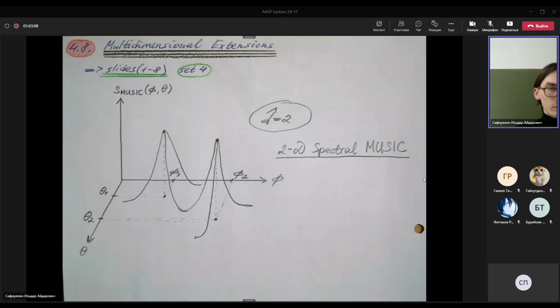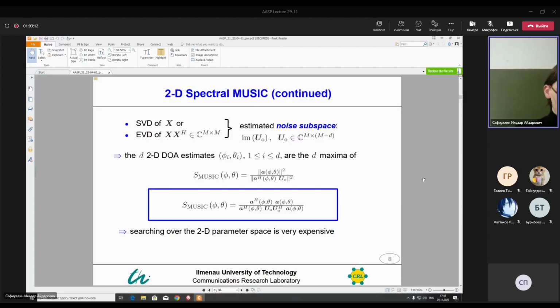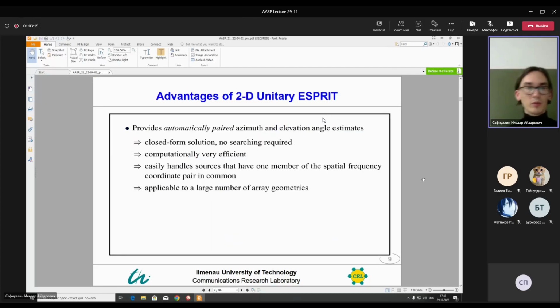And then let's go next. Slides from 9 up to 20. So here we will go to the 2D unitary ESPRIT algorithm. This algorithm provides automatically paired azimuth and co-elevation angles.